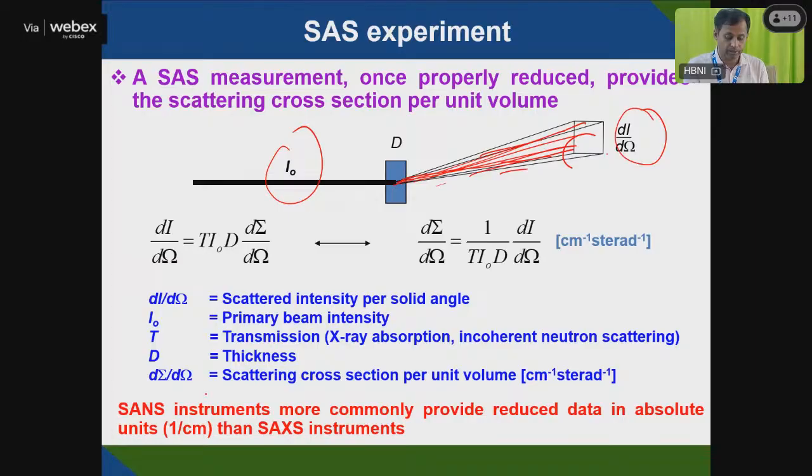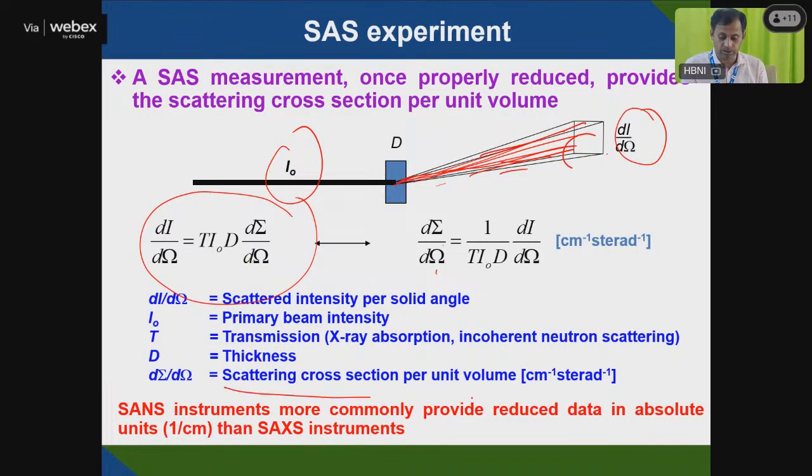Then dΣ by d omega equals 1 by T I0 d dI by d omega. So the intensity dI by d omega will be the transmitted beam intensity, with I0 the incident intensity, times d, the thickness of the material.